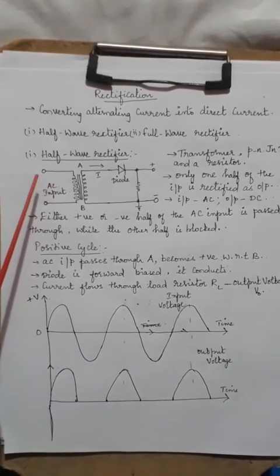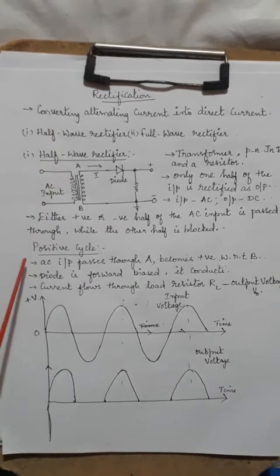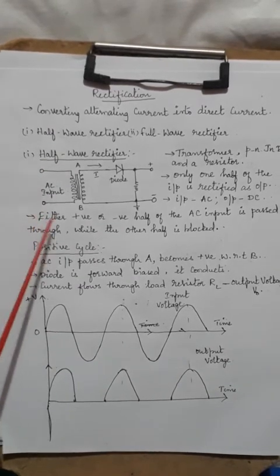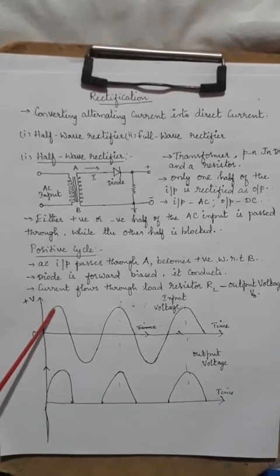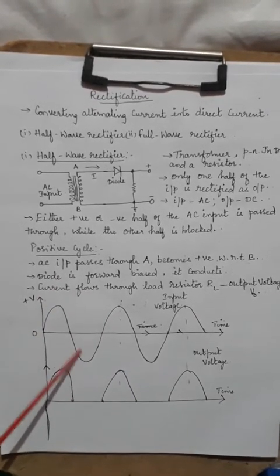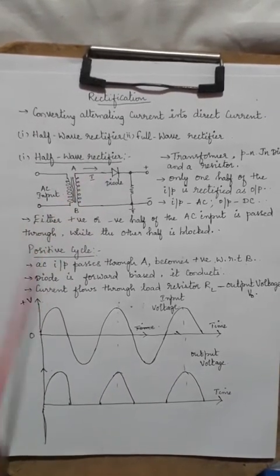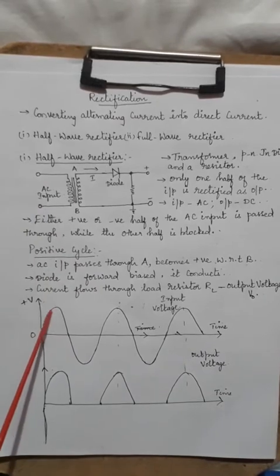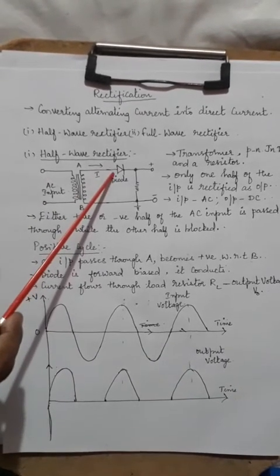So now let us know what actually happens when input is given. It will reproduce only the positive cycles of the input or only the negative cycles, because there is only one diode. First imagine that the current is given like this, where it turns into forward bias.